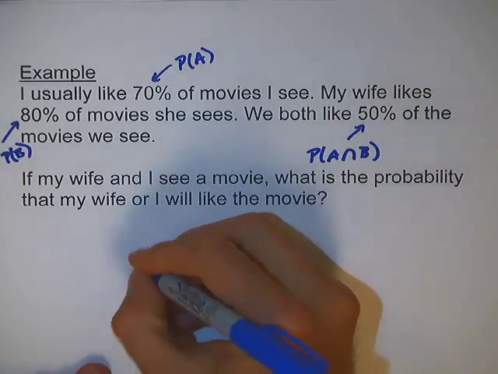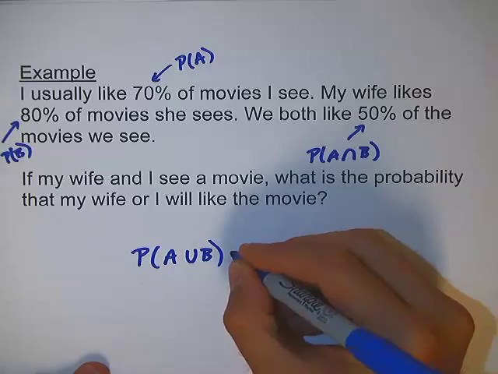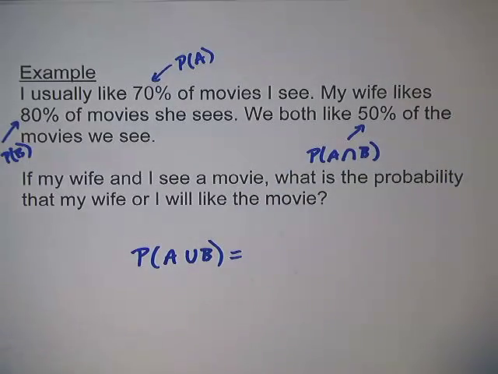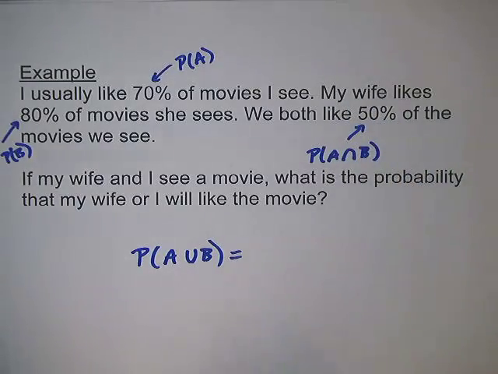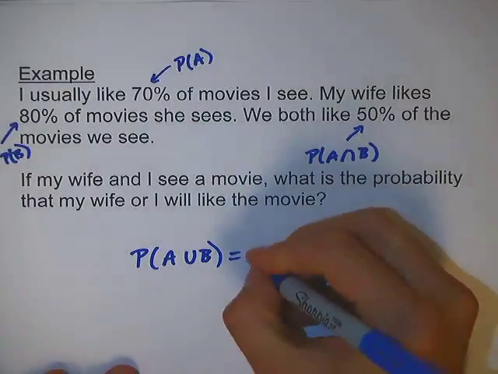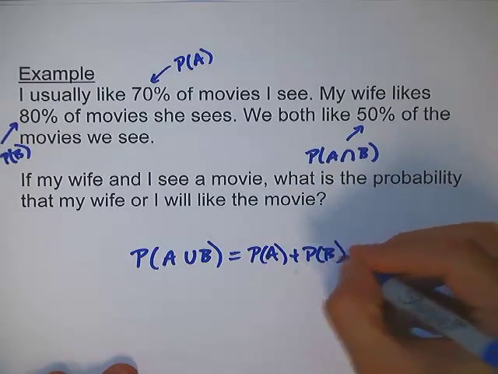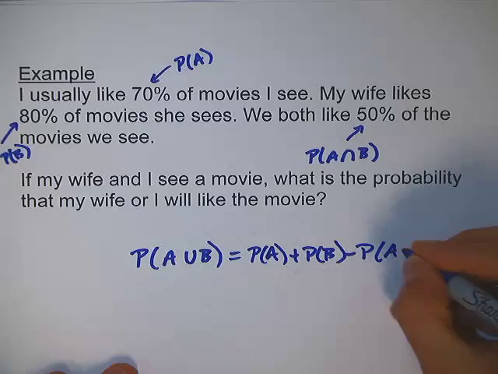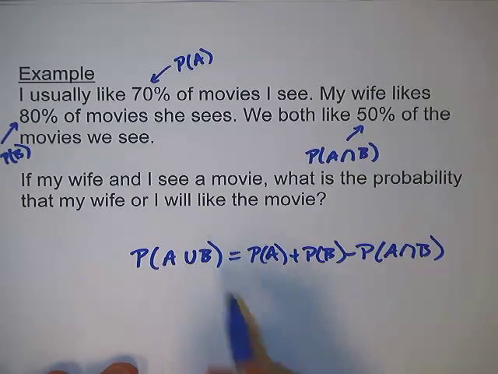So here we're looking for the probability of A or B. Okay, and they are overlapping events because there are movies that we both like, so we'll use the general addition rule, which says the probability of A plus the probability of B minus the probability of A and B will equal the probability of A or B.